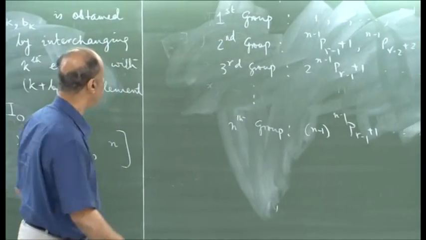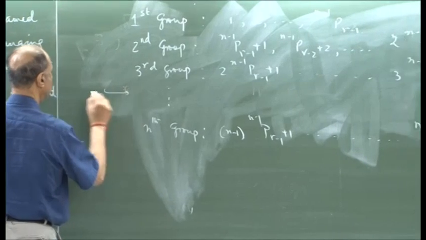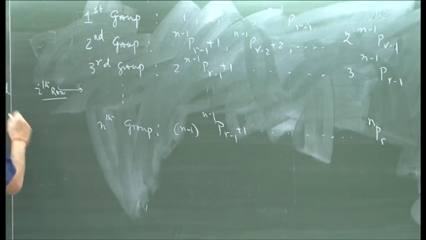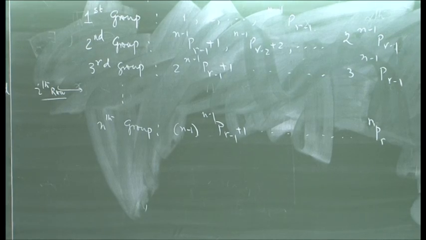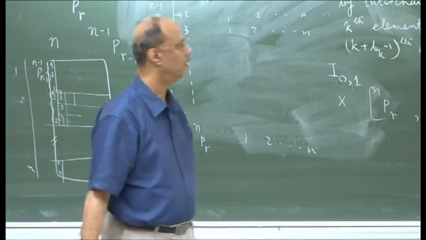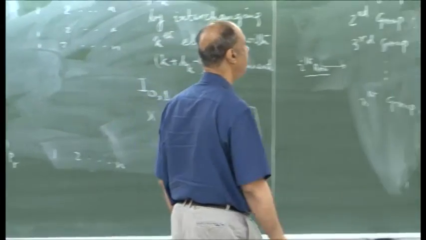Now think about the ith row. Let us assume that the ith row is in the B1th group.